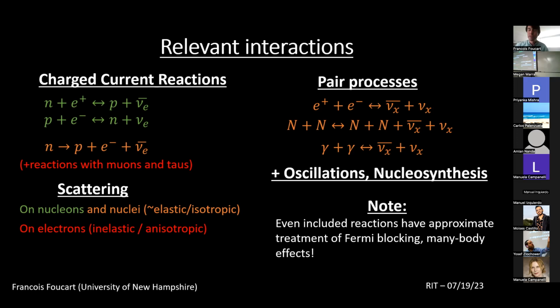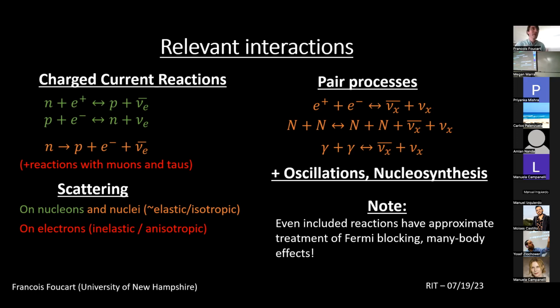The thing that most simulations at this point do not include, besides the inelastic part of the interactions with nucleons and nuclei, is interactions with electrons, so scattering of neutrinos on electrons. That's because those reactions are very inelastic and anisotropic.